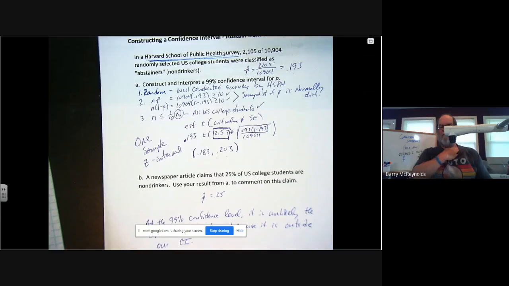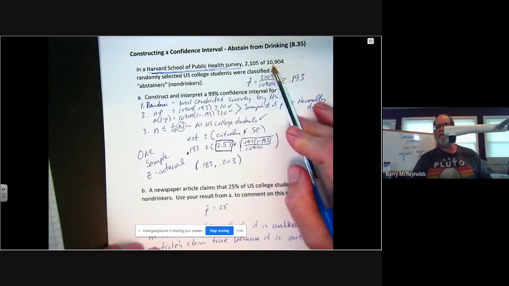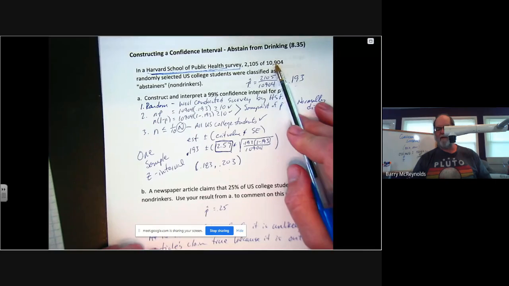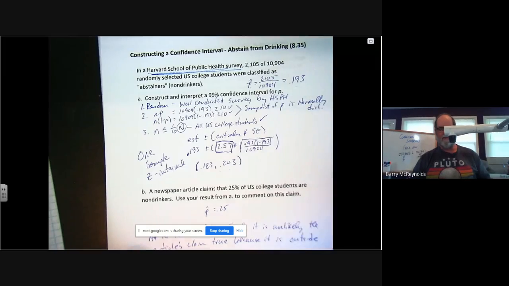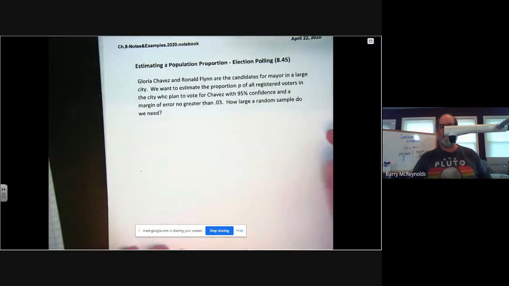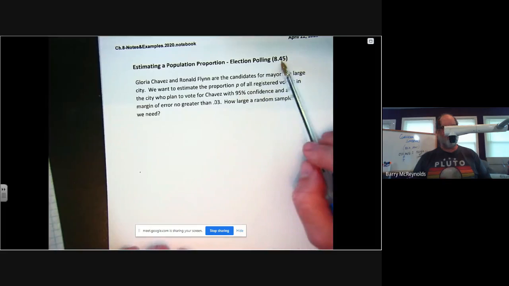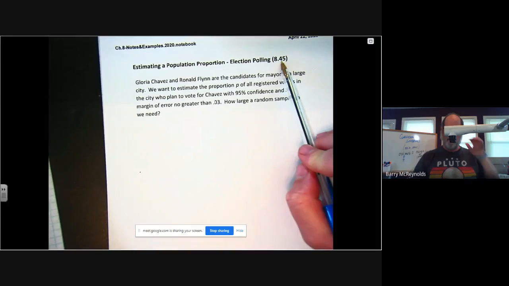Now, earlier I had mentioned that we can use this method to figure out how big our sample size should be if we want a certain level of confidence or a certain margin of error. And so that's the next example I want us to walk through. Again, this example comes straight out of your textbook. It's number 45 on page 497.